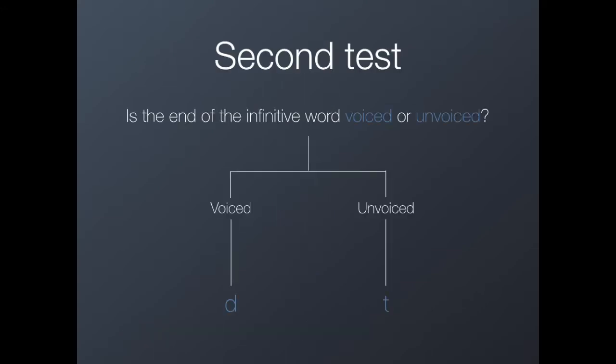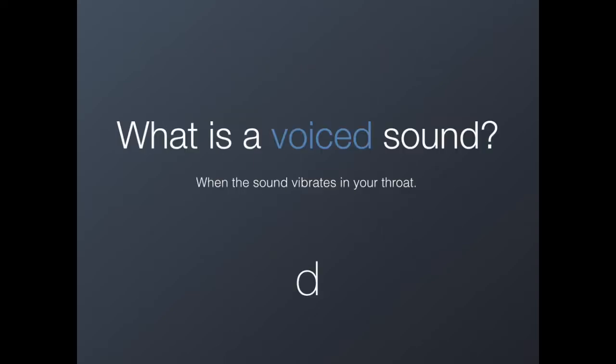So, if the word in question does not end with a t or d sound, then you move on to the second and final test, which is: is the end of the infinitive word voiced or unvoiced? If it is voiced, it is a d sound. If it is unvoiced, it is a t sound.